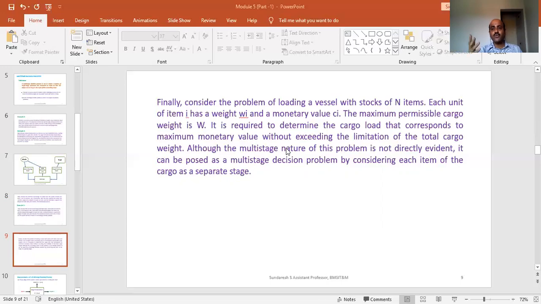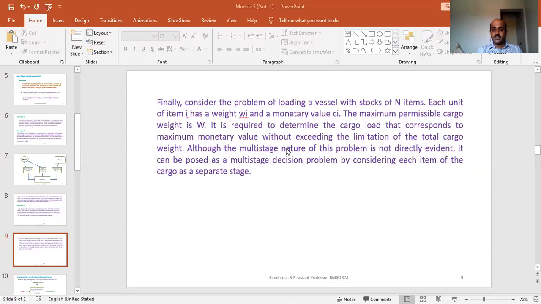Each unit of an item has a weight Wi and a monetary value of Ci, meaning cost. The maximum permissible cargo weight is W. It is required to determine the cargo load that corresponds to the maximum monetary value without exceeding the limitation of the total cargo weight.